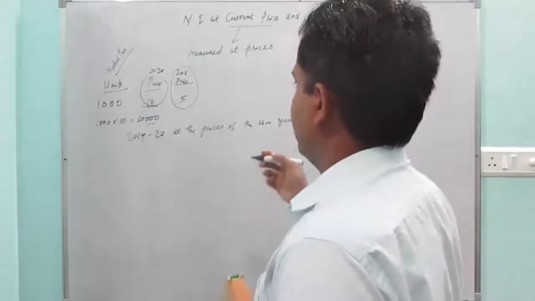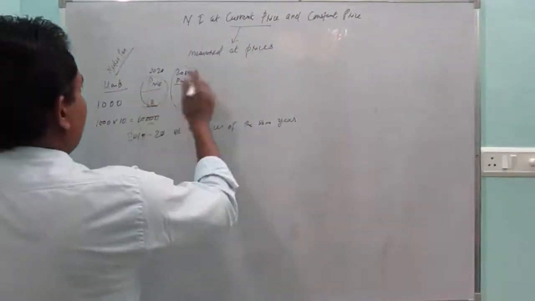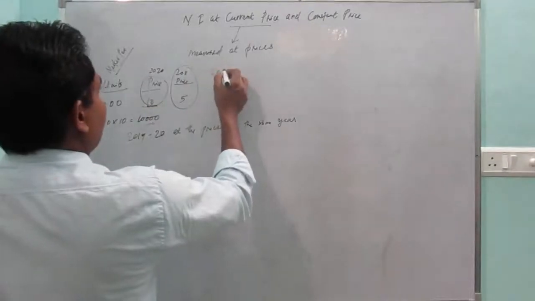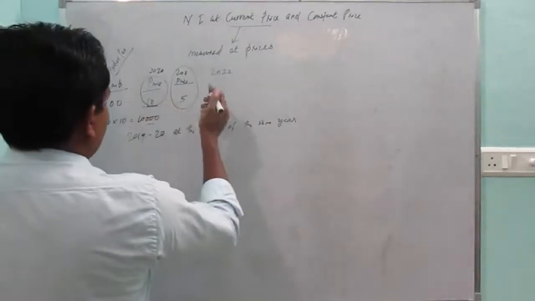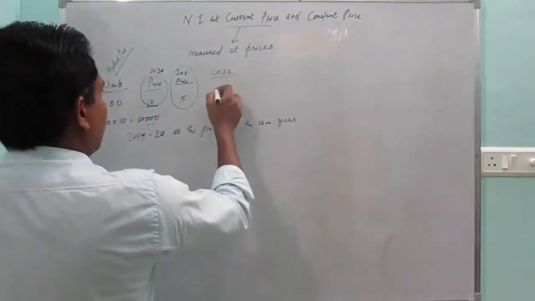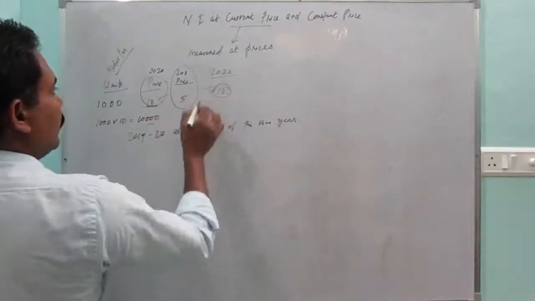For example, in 2022 the price of the same commodity went to 12 rupees.